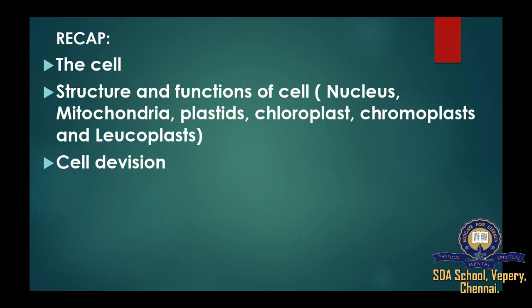Leucoplast. These are colorless plastids found in the root, seed and underground stem such as the potato and ginger. The next one, cell division. Cell division is required for reproduction, growth and maintenance of the body and the healing of wounds.